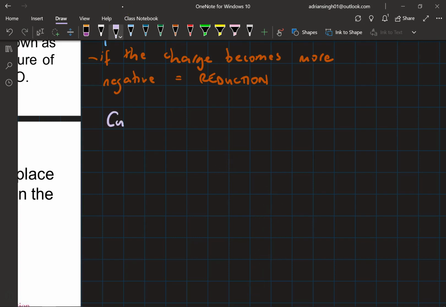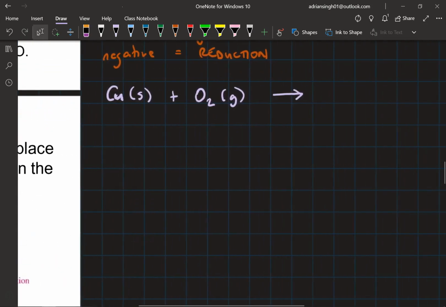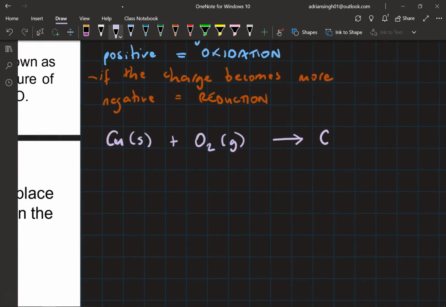So if we have copper, which is a metal, so it's just a solid, reacting with oxygen in the air, O2, which is a gas, this can form copper oxide, copper(II) oxide to be more specific, CuO, and that's a solid. Let's go through and identify the charges on these things.